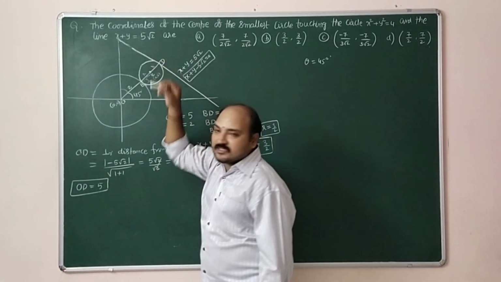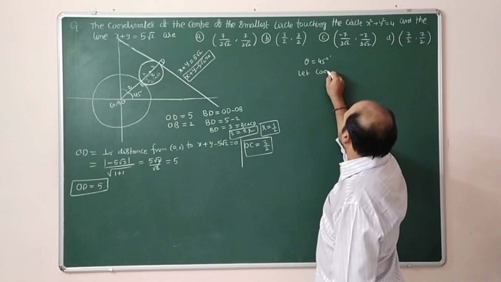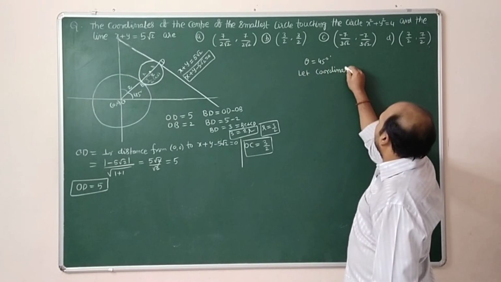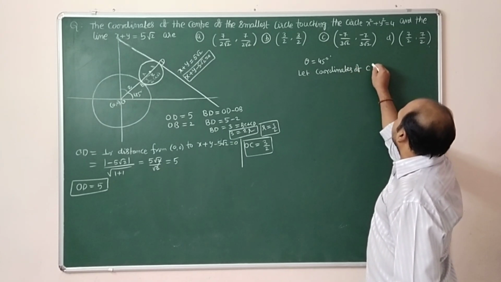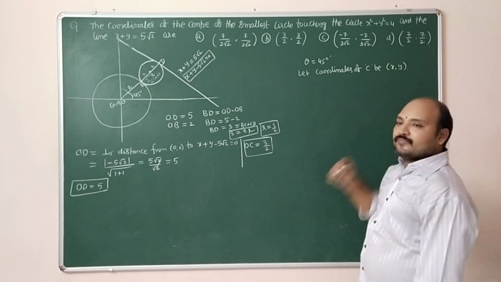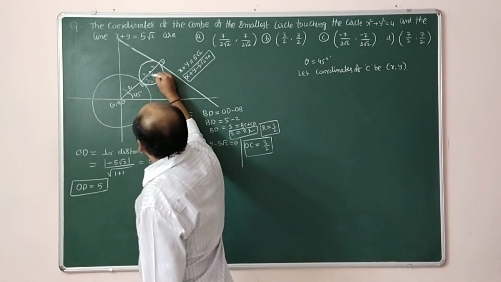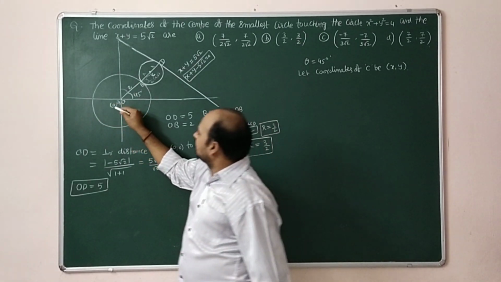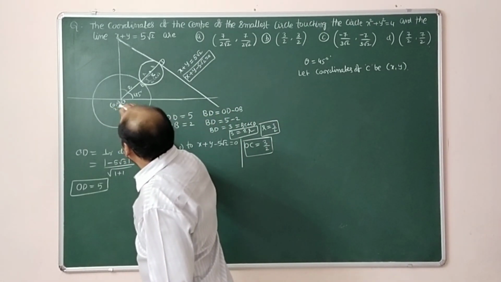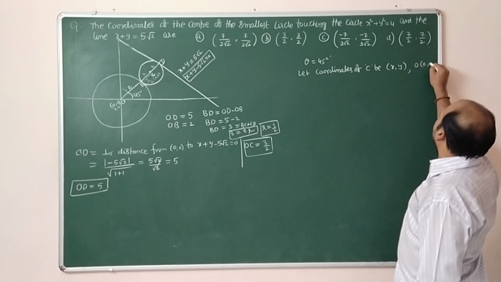And to get the coordinates of C, let the coordinates of C be x comma y. This given point is the origin, x1 y1. O is x1 y1, and also origin 0 comma 0.